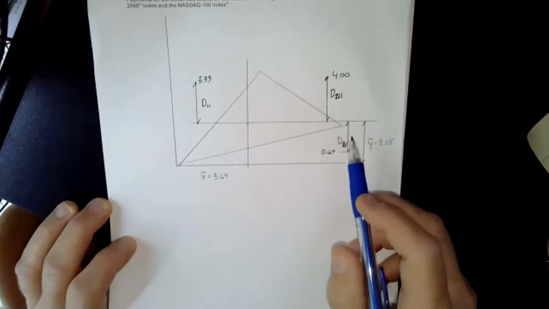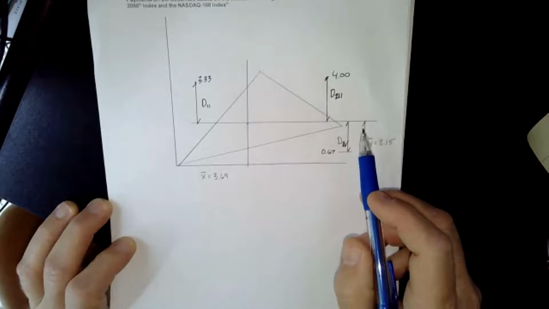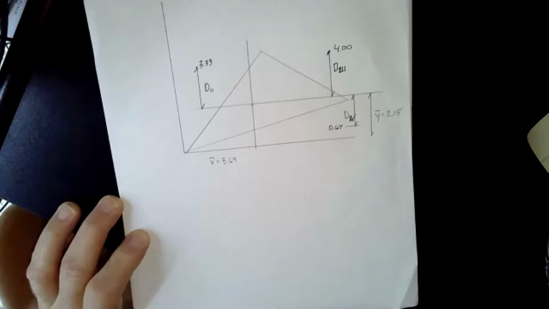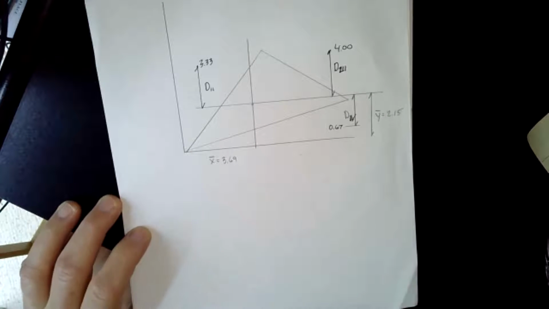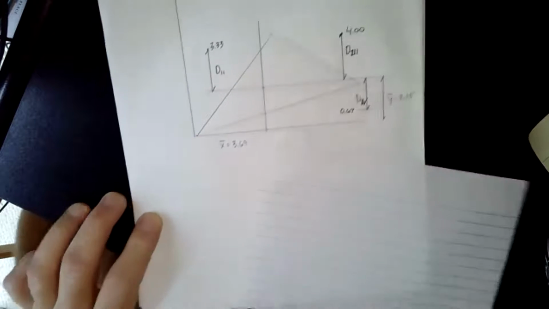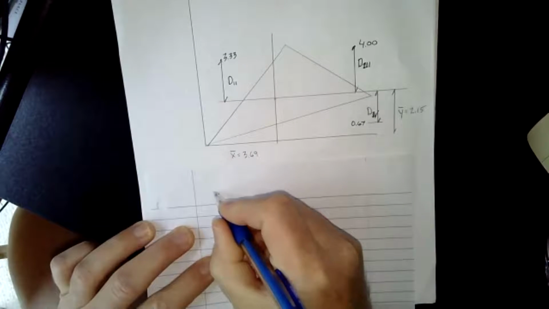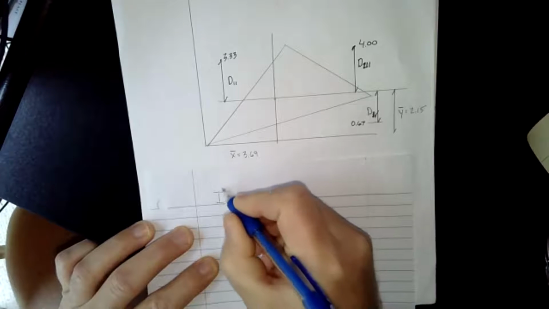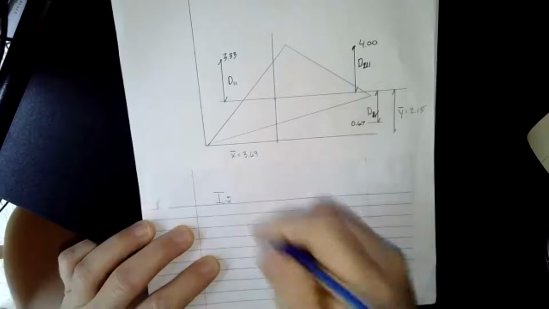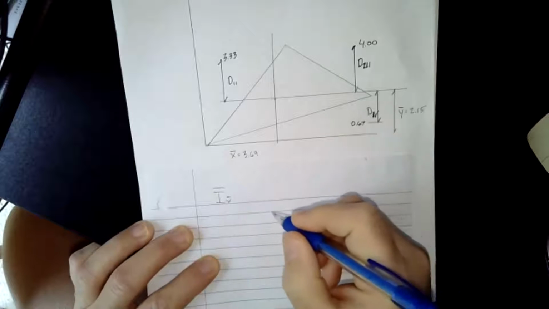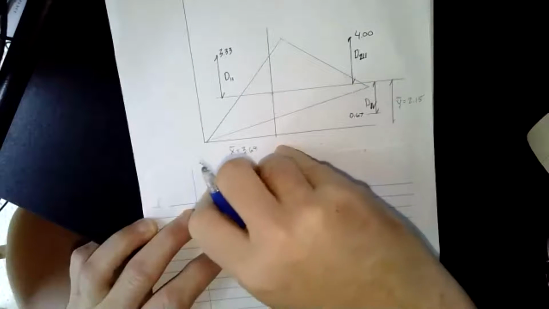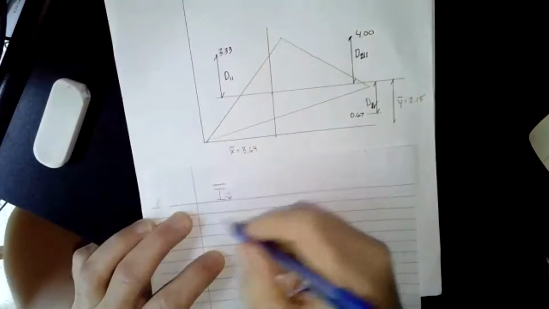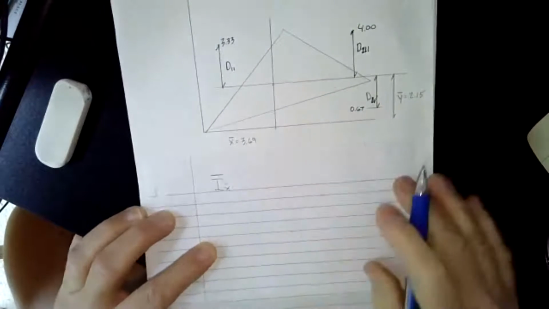So if we're trying to find Ix, and you see Ix in the book, it's usually with a bar over the big I. That means about the centroid.